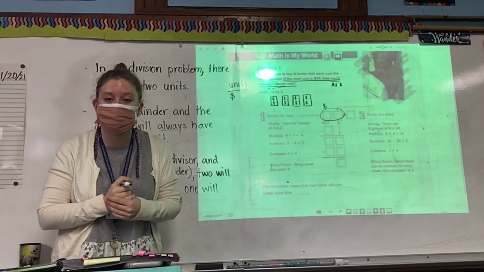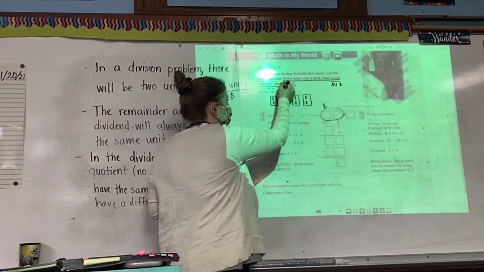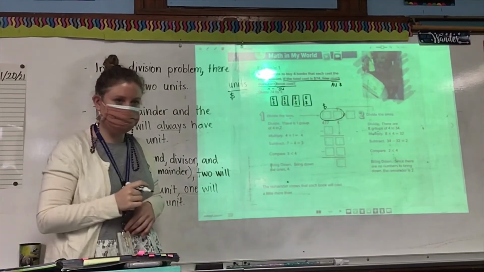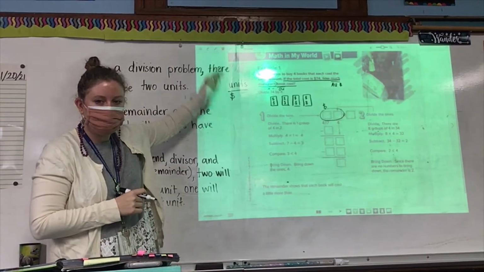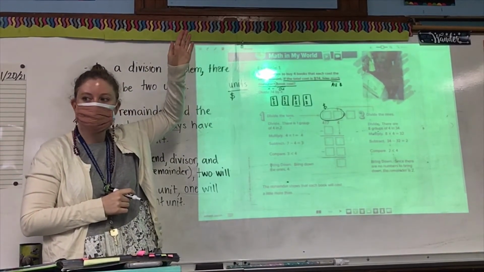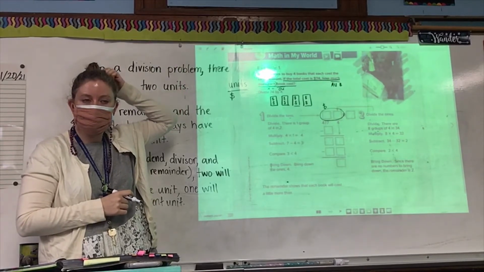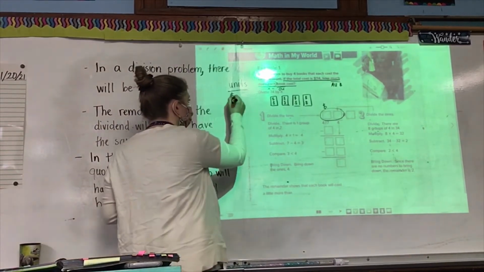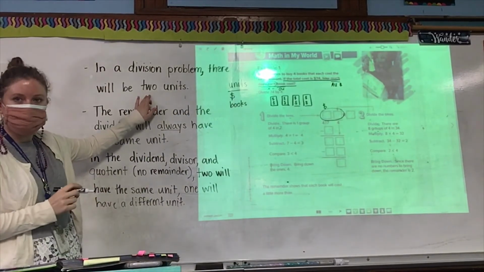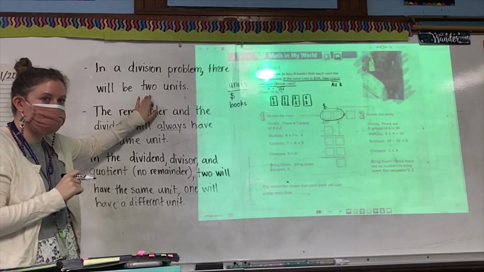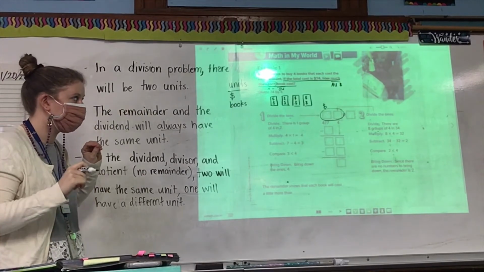I know the noun that comes after each is my other unit. So I know one of my units is money. What's the other unit? Cullen? Books. So I've already found the 2 units. Now I just have to figure out what piece means what.